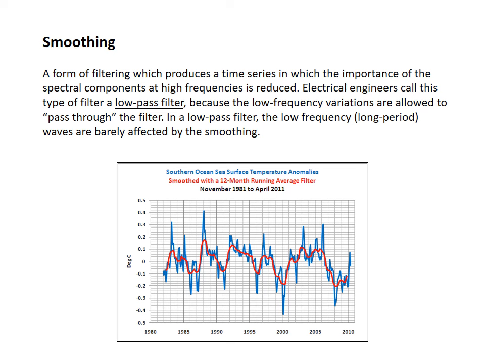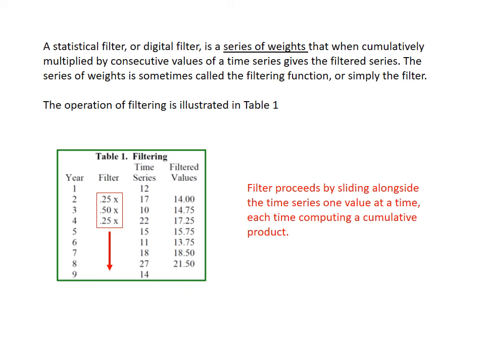And there's a bunch of different types of filters you can use, and they all have different usefulness in different situations. A statistical filter is where you're weighting consecutive values through this kernel that you move consecutively through a time series.